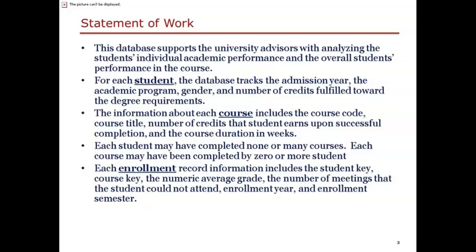An enrollment table will track a record for each student in which course the student was enrolled, so to speak. So we have the student ID, we have the course code key, and we have the grade that the student earned, and how many meetings the student could not attend, and enrollment year, enrollment semester.